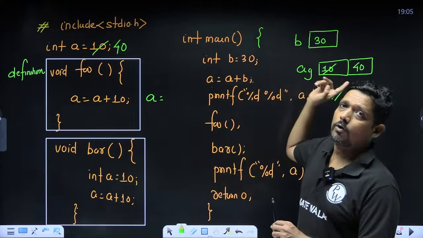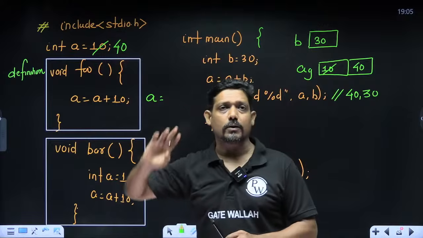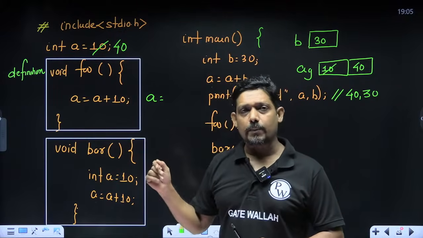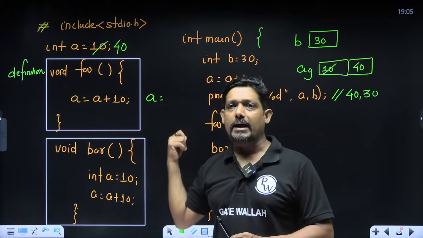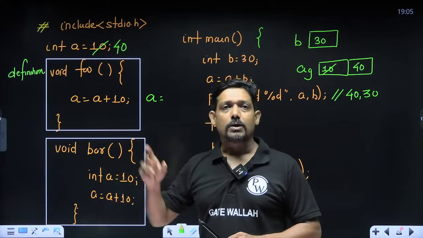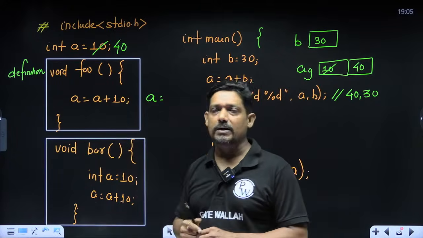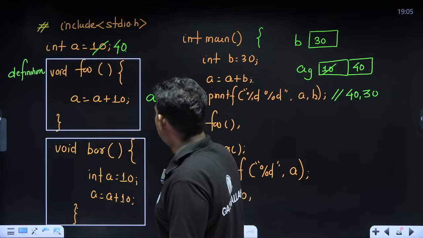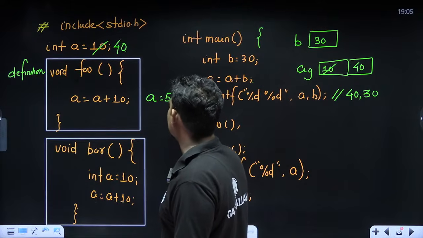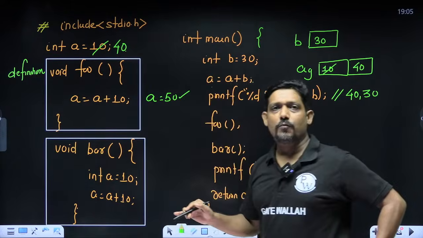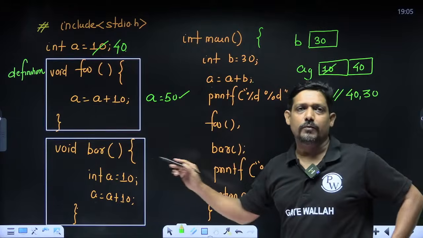If you write 40 here and 10 over here, then a = a + 10 would make 20, and the answer would be wrong in that case. So now when you say a = a + 10, it will become 40 plus 10, which in this case is 50. So the foo function changes variable a to 50.